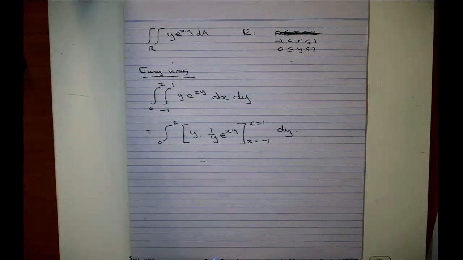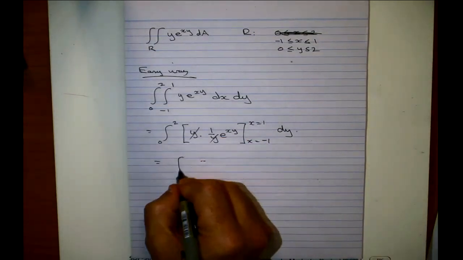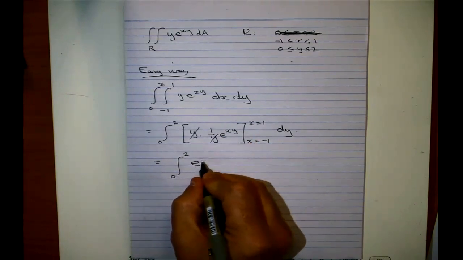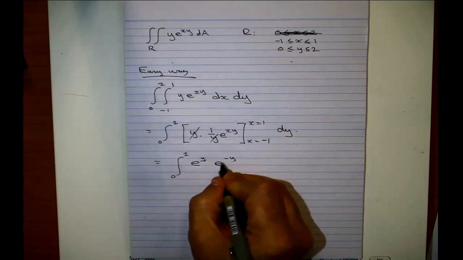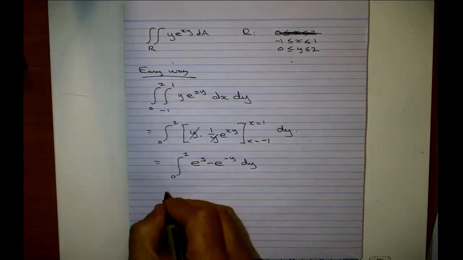And the good thing about this one is this evaluated at the upper limit minus this evaluated at the lower limit. Also easy to integrate, isn't it? Then I can do the integral with respect to y.